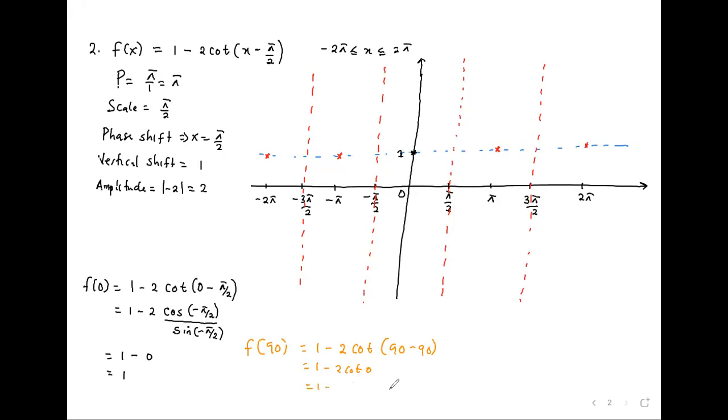So we have 1 minus 2 times undefined, which is equal to undefined. So that's why at 90 there is an asymptote. The next one will be defined and it will be 0. The other one, an asymptote, just like that.